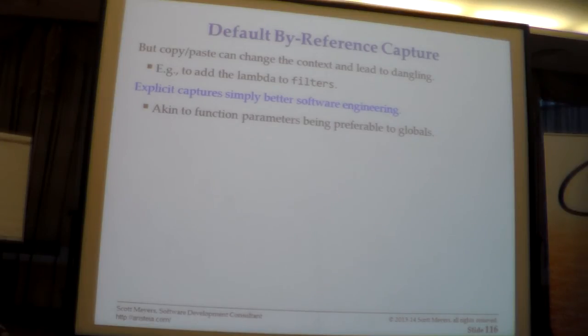Having default by reference captures in your lambdas, in my view, is exactly the same as declaring all your variables in global scope and referring to the ones that you want, which we decided in the 1960s was a bad idea. So that's my argument against by reference capture by default.